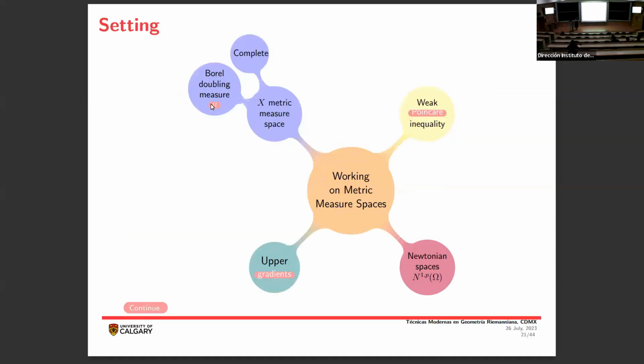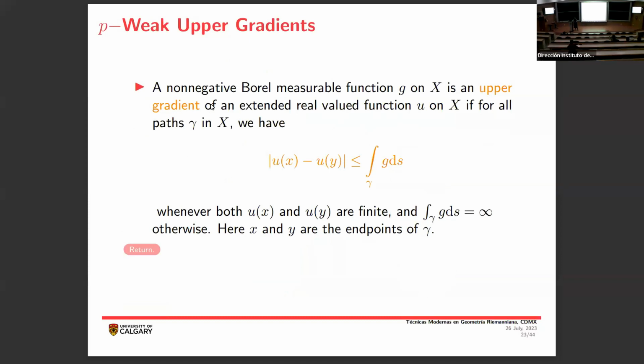Now, when working on metric measure spaces, we don't have access to the standard gradient as we know it, because there is no concept of direction. Therefore, partial derivatives have no meaning. This is why we work instead with what is called an upper gradient. So a non-negative Borel measurable function g on X is an upper gradient of u if for any rectifiable curve, the following inequality holds.